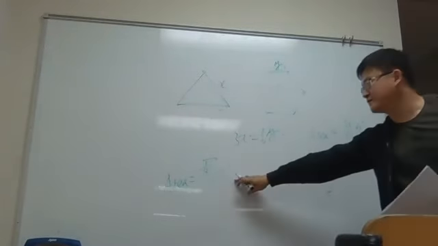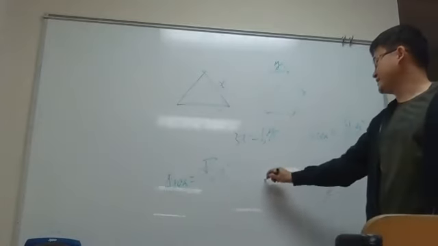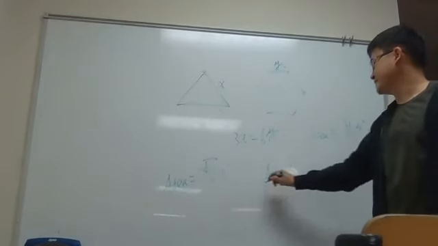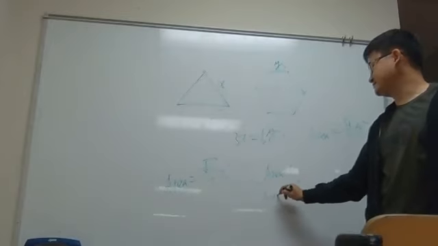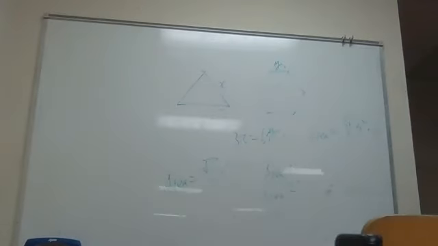So the ratio of the area of the triangle divided by the area of the hexagon is given by, so these two will cancel, right? So it's basically just x squared divided by 6y squared. No, I mean, x equals 2y.